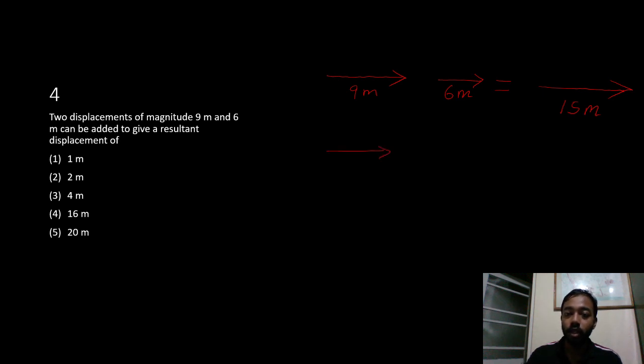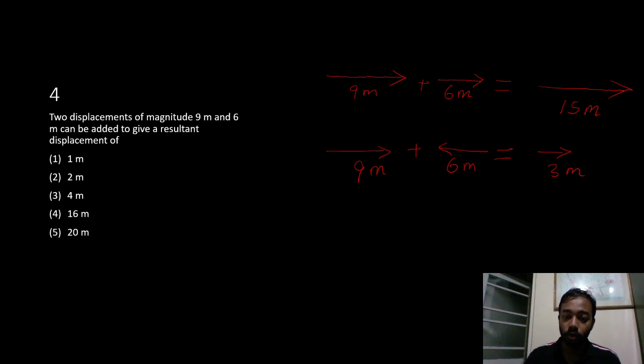If the two vectors are in the opposite direction, what you need to do is subtract this 6 from this 9, because they are in the opposite direction, and the direction of the resultant will be towards the vector which has the higher magnitude, and the magnitude will be 9 minus 6, which is 3 meters.